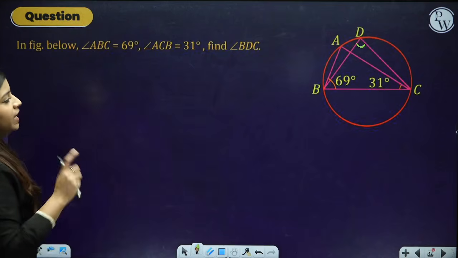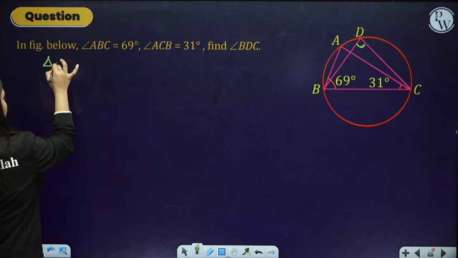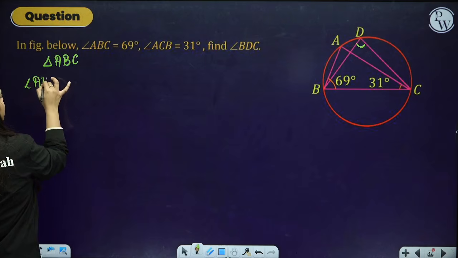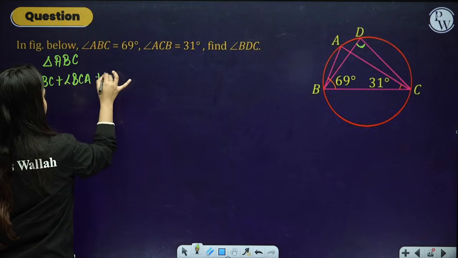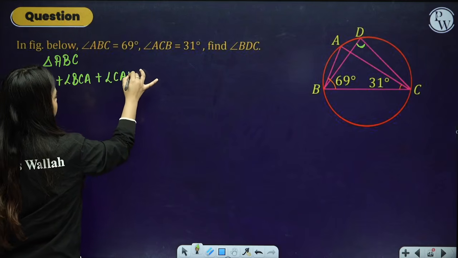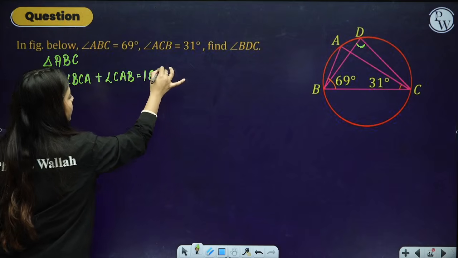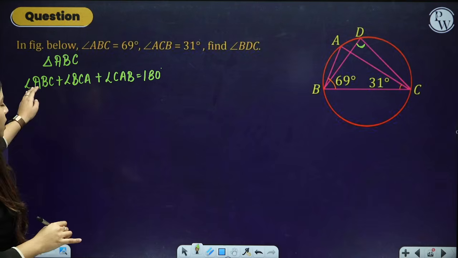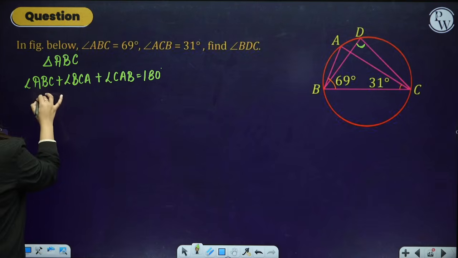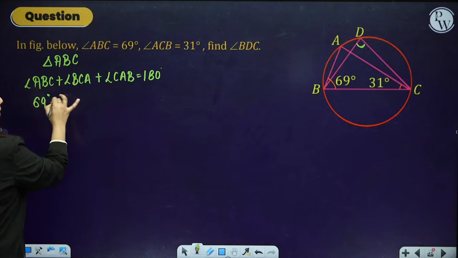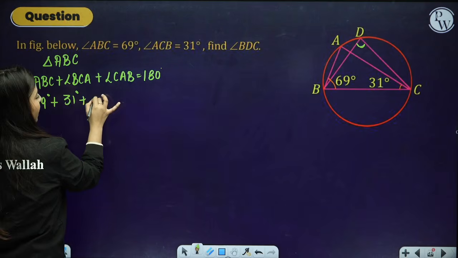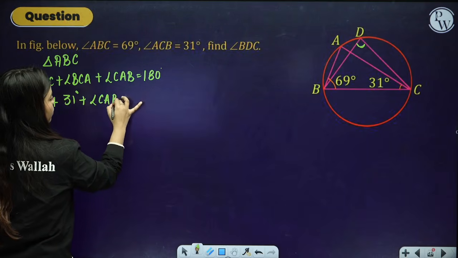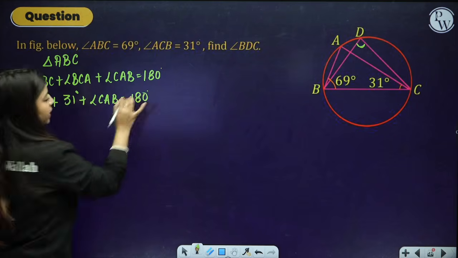Now first of all, in triangle ABC, we can say angle ABC plus angle BCA plus angle CAB will be equal to 180 degrees, by the angle sum property of the triangle. Now angle ABC is 69 degrees, BCA is 31 degrees, and angle CAB is unknown to us, that equals 180 degrees.